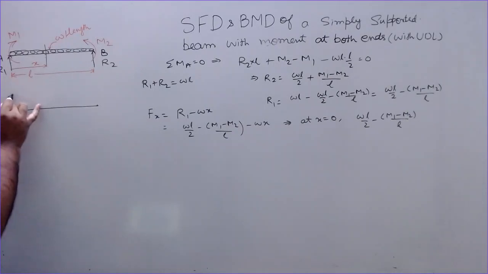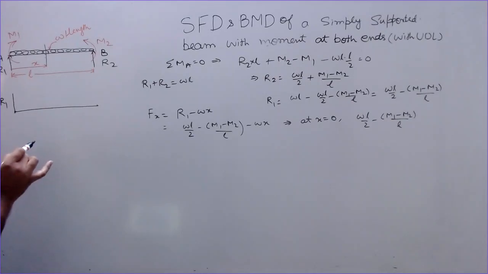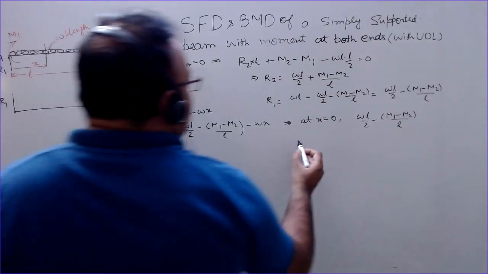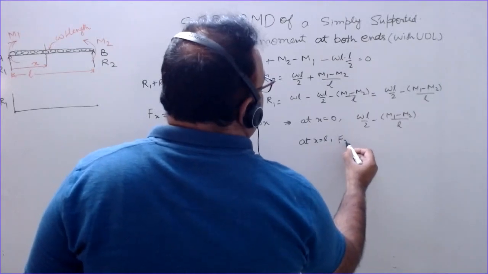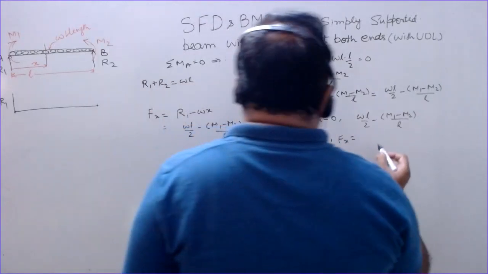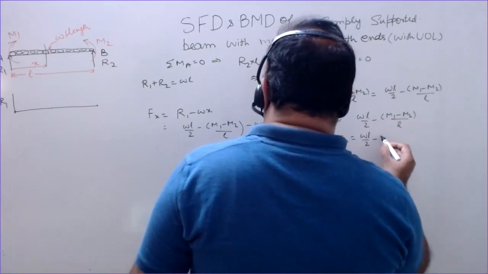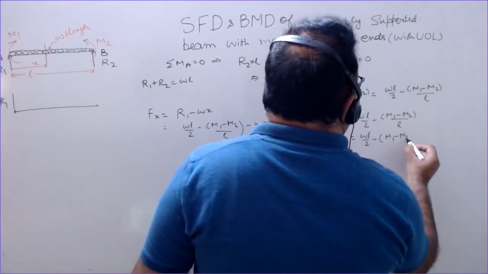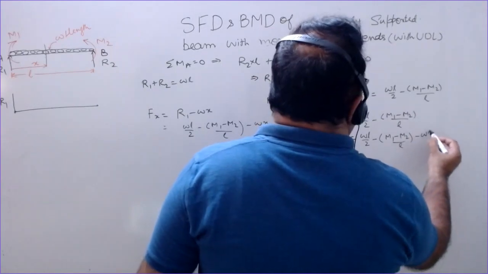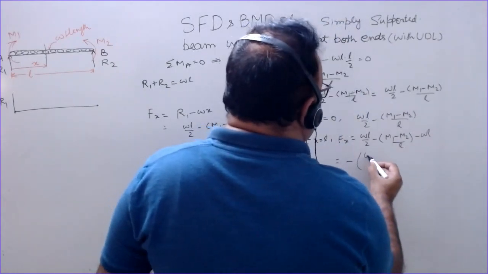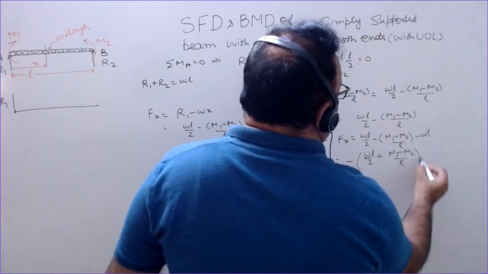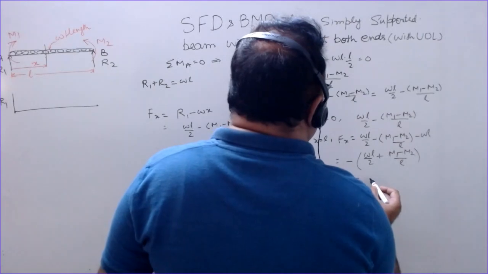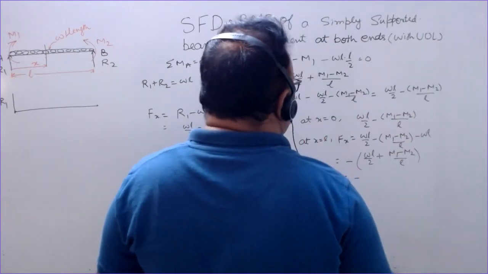So here it is equal to R1, and at x equal to L the shear force is WL by 2 minus (M1 minus M2) by L minus W into L. So minus WL by 2 plus (M1 minus M2) by L, which is equal to minus of the reaction at the other end.